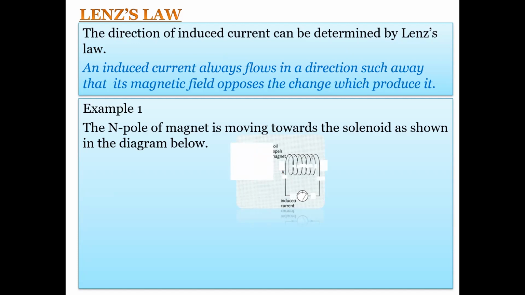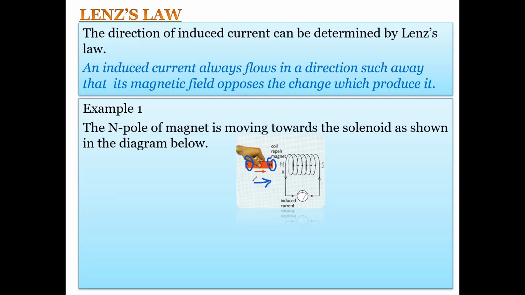So using Lenz law, we can also work out the direction of the induced current. How can we work out the direction of induced current? According to Lenz law, the induced current always tries to oppose the change in the magnetic field. So we have a magnet, north and south, and the north pole is facing the coil, a solenoid. And we are bringing this north pole closer to the solenoid.